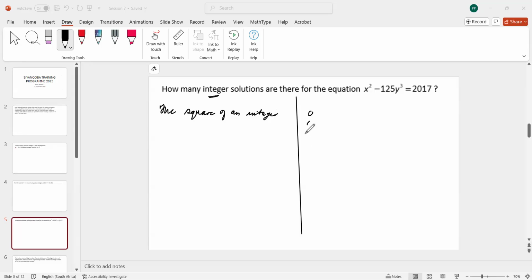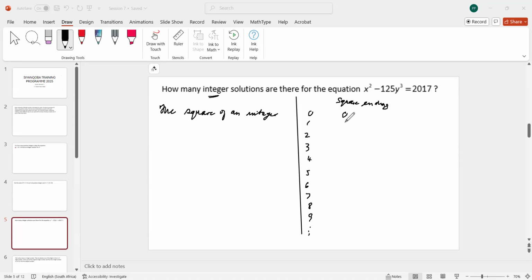Look, I'll show you. 0, 1, 2, 3, 4, 5, 6, 7, 8, 9, and so on. If I square it, and look at the ending, in other words, the last digit of the square.